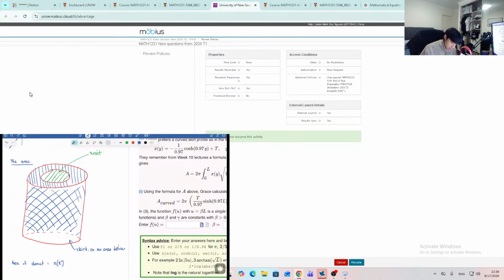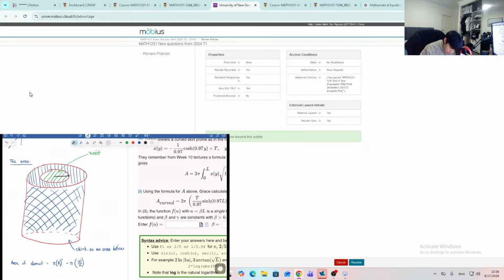It's basically the area of the donut minus, sorry, right? So this is the diameter W on 2.